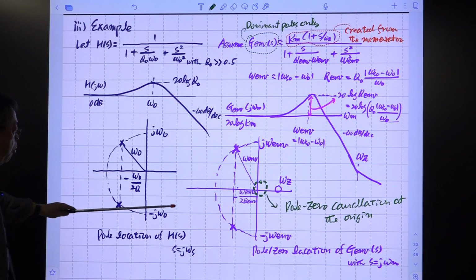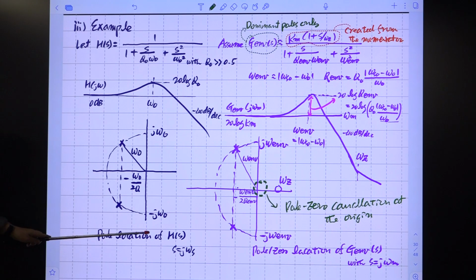And this is the pole location of H(s). You are plotting this in the s plane. s here is j omega s. It's a switching frequency region. Okay, and we have one pole here, another pole here.